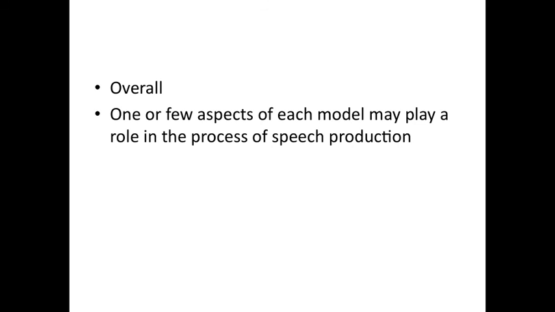Those models address context sensitivity issues a lot, and it talks about the serial ordering issue as well. And then we talked about how these models so far have only talked about the segmental aspects, but we need to come up with a model that also addresses the suprasegmental aspects, because stress and duration and intonation play a huge role in the speech production process as well.